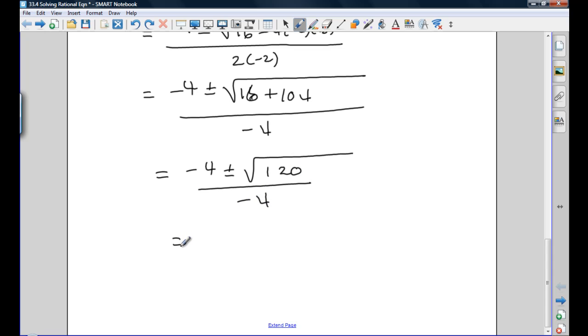Now, one of the other things that we should get in the habit of doing is trying to rationalize this function. To rationalize this, what we need to ask ourselves is, with this square root of 120, can it be broken down into one perfect square?